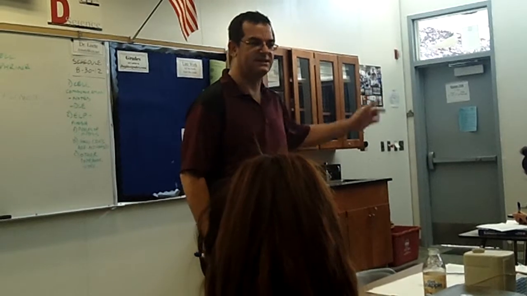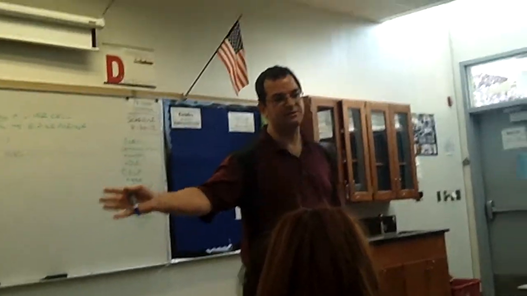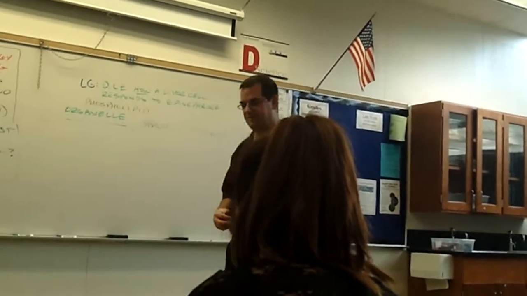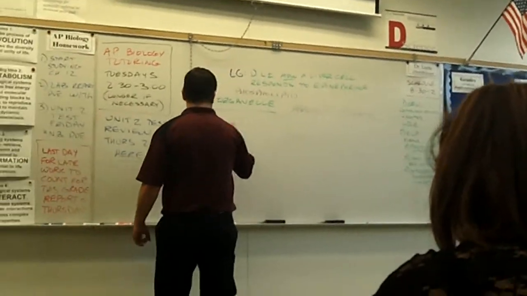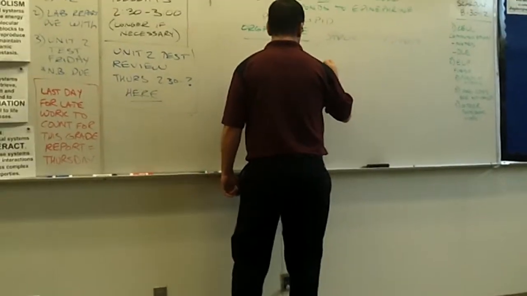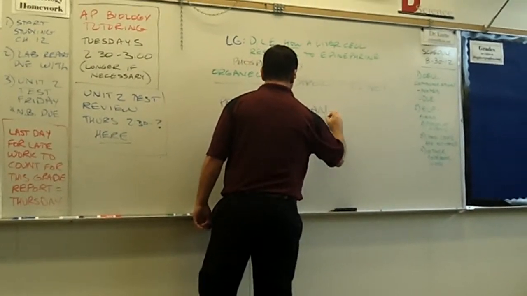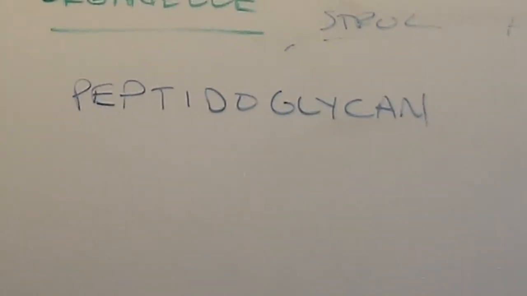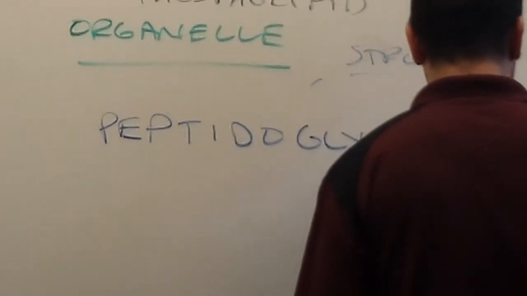Chitin. All right, that's the eukaryote side. What's the prokaryote side? What are prokaryote cell walls made out of? Peptidoglycan. Everybody say peptidoglycan. Pepto-Bismol.